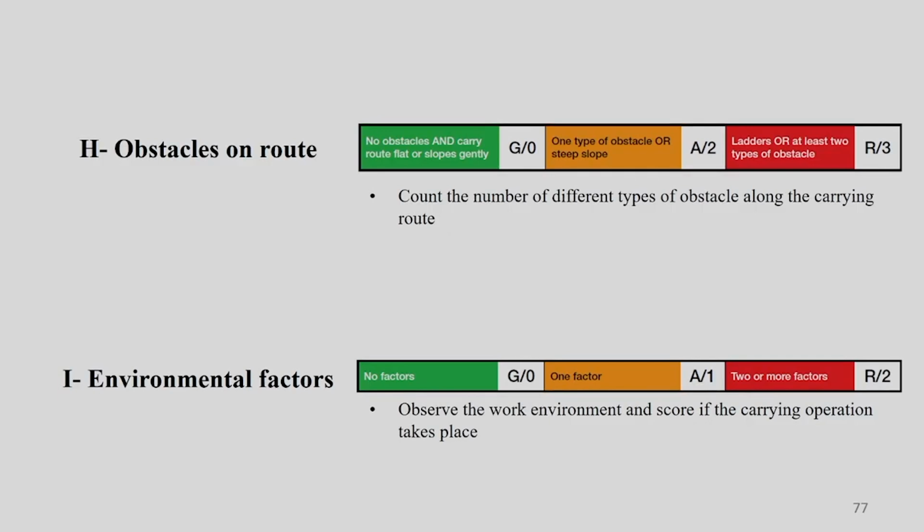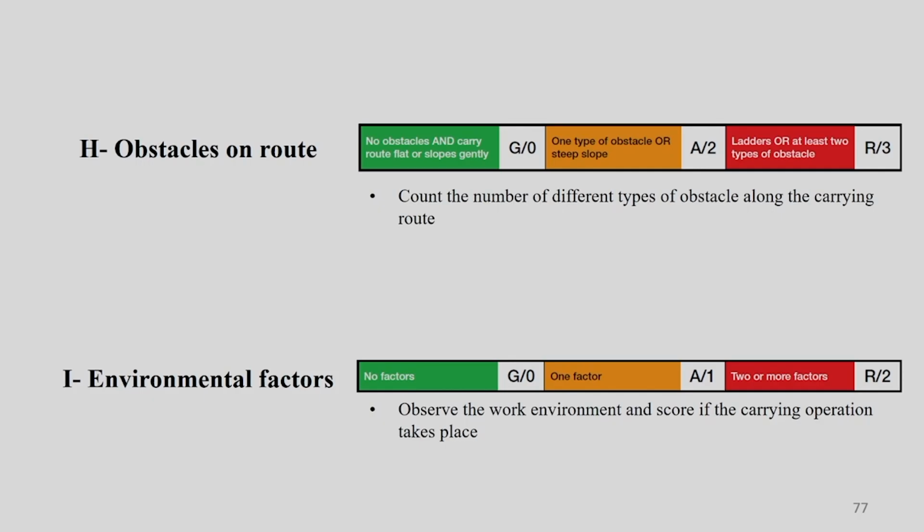One type of obstacle or steep slope: so slopes are a little steep, so you have to really be cautious while coming down or going up. If the obstacles are there, but not many obstacles, 1 or 2, those cases it is amber or 2. And if somehow you have a ladder, at least 2 types of obstacles and difficulties while carrying the things, those cases it is 3 or red zone.